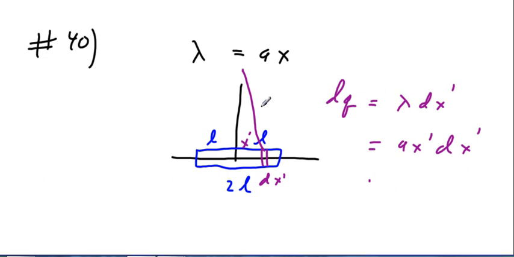I'm going to say this r up here is going to be the square root of x prime squared plus y squared.